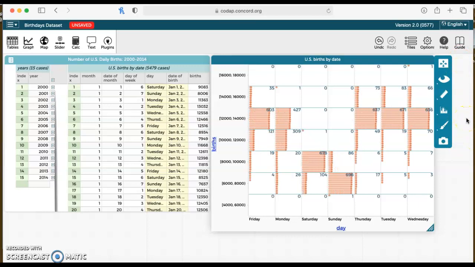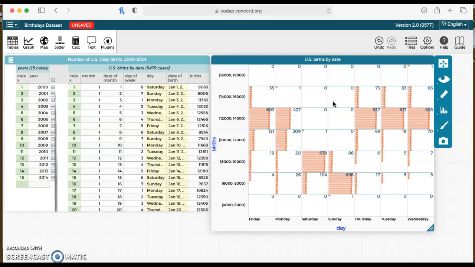When you're looking at this, you can tell that a lot of the weekdays especially have the same amount of births per day for every single day. There's not much variation going on. There's a little bit of difference on the weekends, but from this information, we can't really tell.